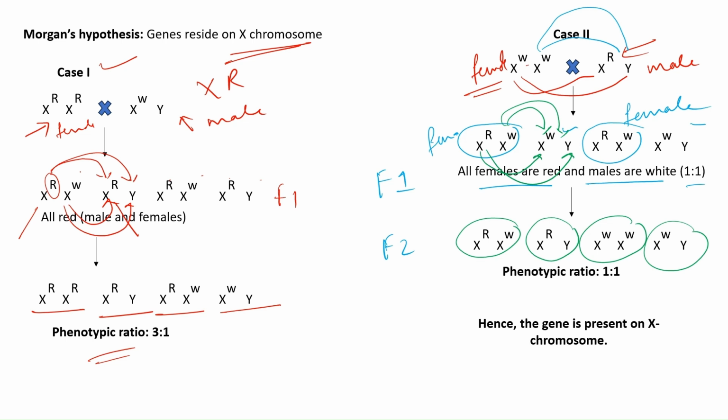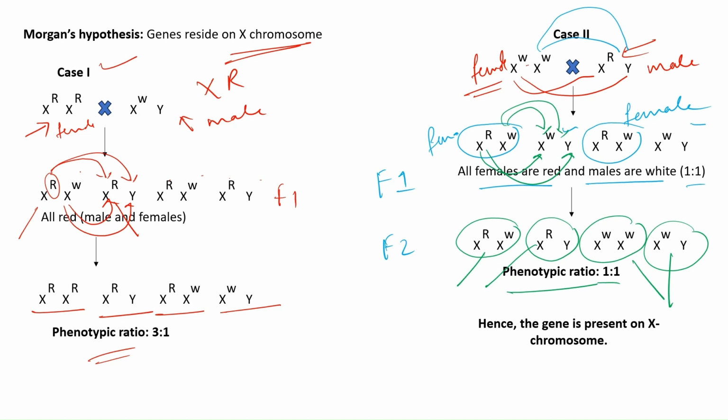So again the phenotypic ratio here is 1:1. But here you can see one red-eyed female, one white-eyed female, one red-eyed male and one white-eyed male. Clear? So the phenotypic ratio is 1:1. Hence the gene is present on the X chromosome.